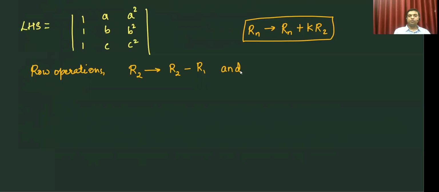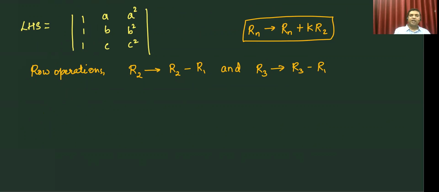Simultaneously, R2 changes. Now don't try to change R3 using the new R2. You can do that also, or simultaneously I will write R3 as R3 minus R1. R1 has not changed, but I have written R2 as R2 minus R1, R3 as R3 minus R1.